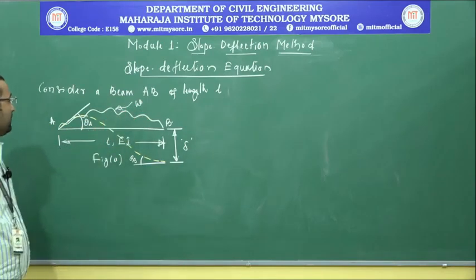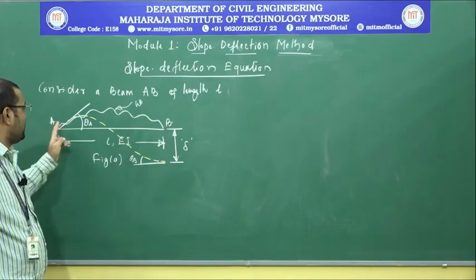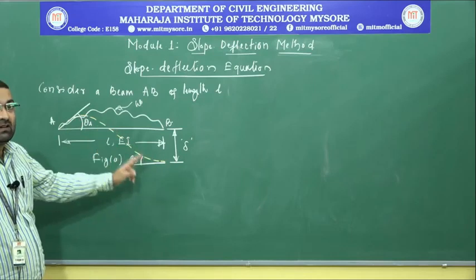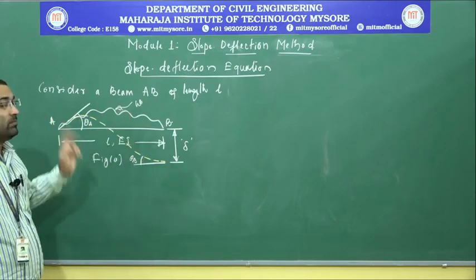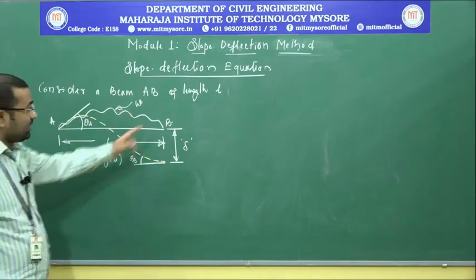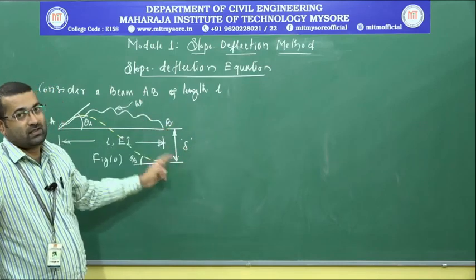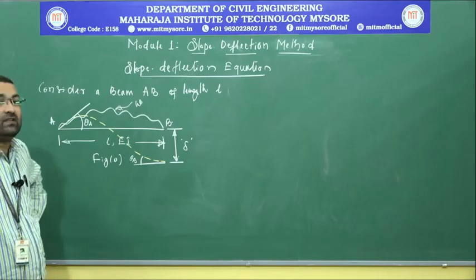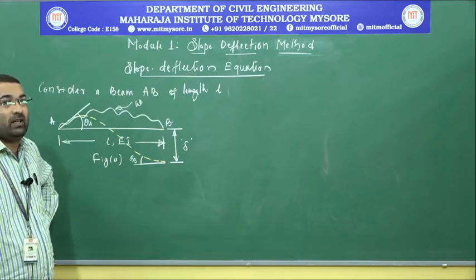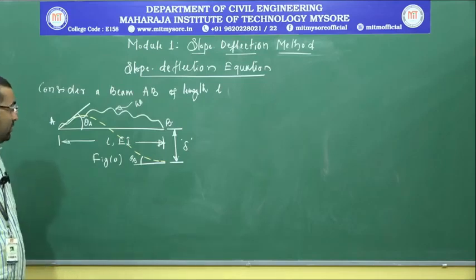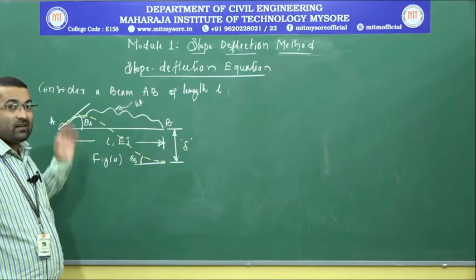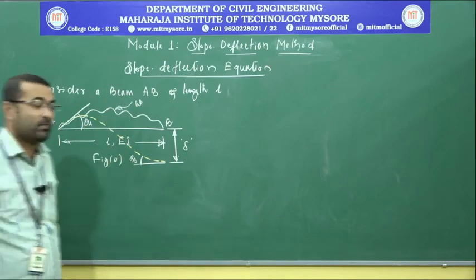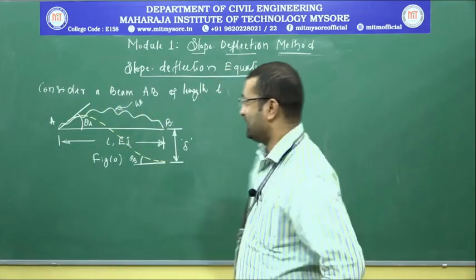Also because of these rotations, theta A and theta B, there are possibilities of developing bending moment in the beam. Similarly, because of this translational displacement, there are chances of developing bending moment. So, instead of considering all these parameters at a single time, let us consider them as individual cases.